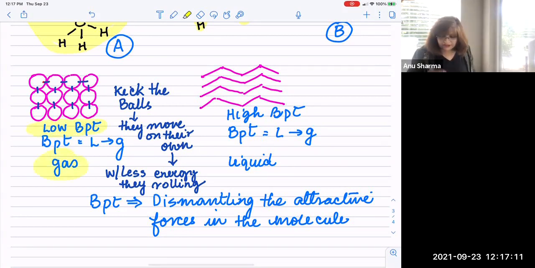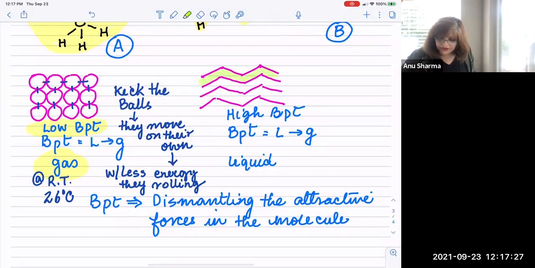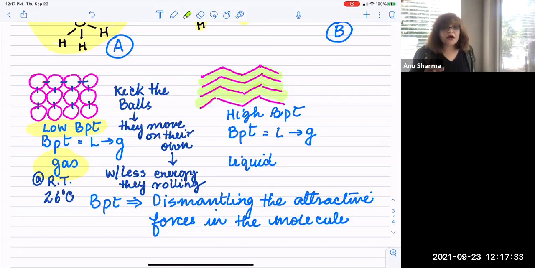Low boiling point, and they actually exist as gas at room temperature, and room temperature is 26 degrees Celsius. On the other hand, look at the surface area of these guys. They're like touching every single part, like mattresses placed one on top of each other. So every single part is touching. So you need not give a lot of heat to convert this liquid state to a gaseous state, to dismantle them.